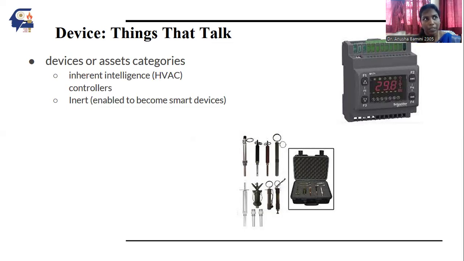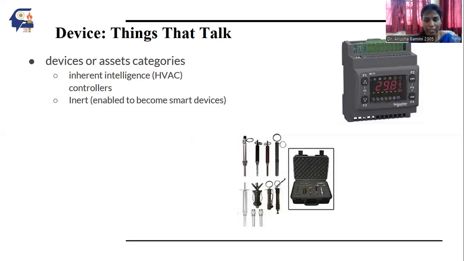For example, our TV: we control our TV from our place using the remote control. Then the air conditioner, AC, fridge, all these devices can be controlled with the support of the remote. These are devices controlled with the support of some sensor.